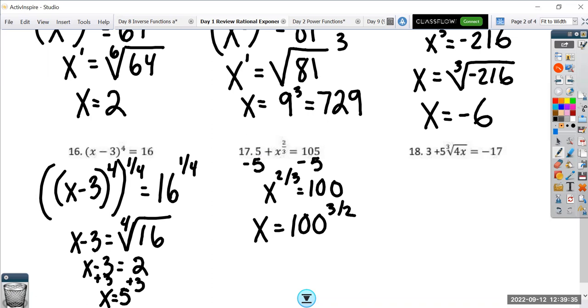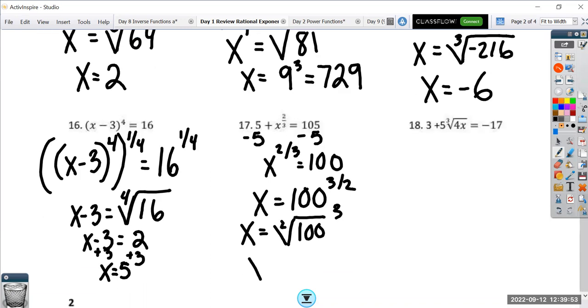Again, I'm going to rewrite this into what I know. When I have a 2 in the denominator, that's taking the square root, and then I have to cube it at the end. The square root of 100 is 10, and then cubing 10, I end up with an answer of 1,000.